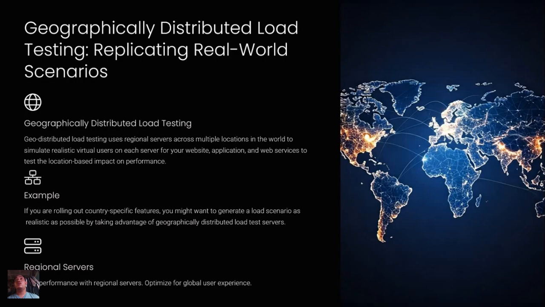Next is geographical distribution load testing. So geographical load testing uses regional servers across multiple locations in the world to simulate realistic virtual users on each server for your websites, applications, and web services to test the location-based impact on performance.